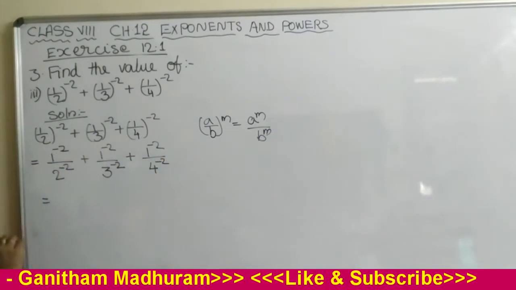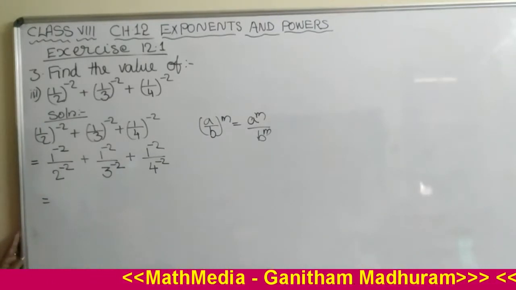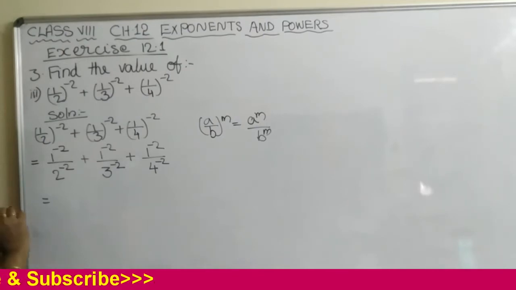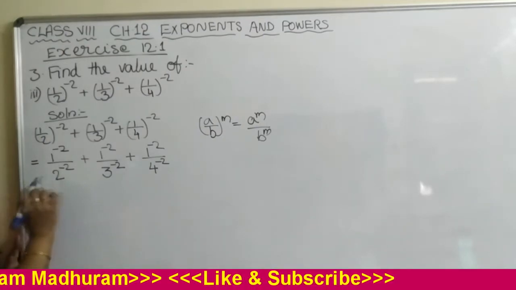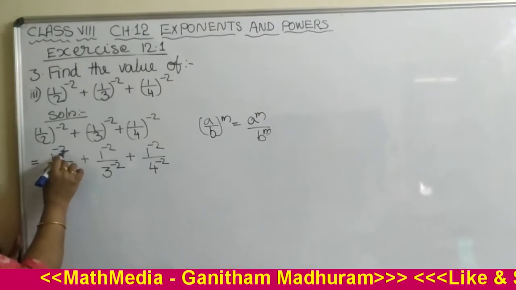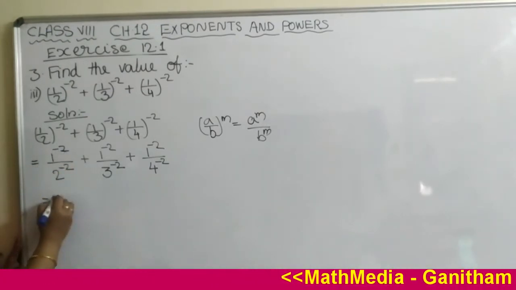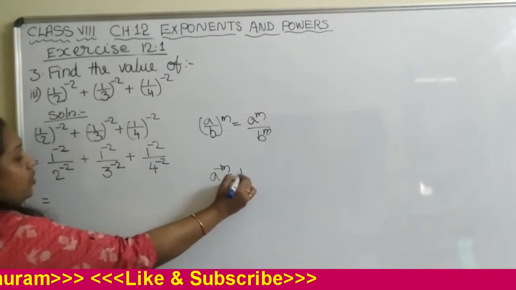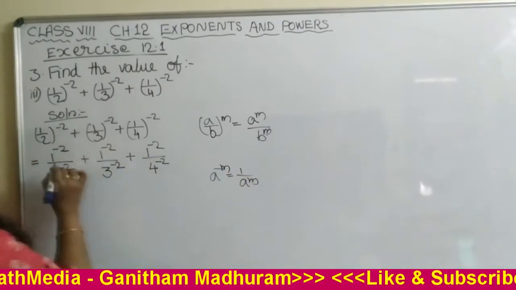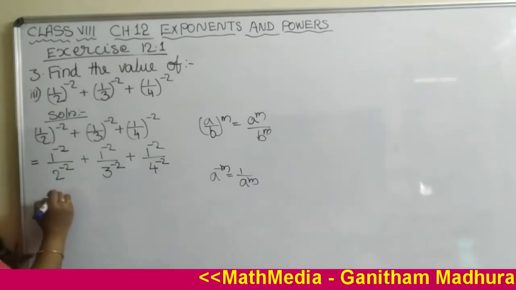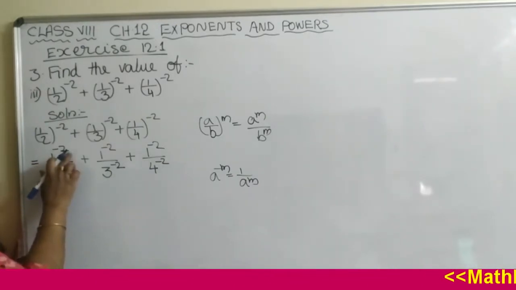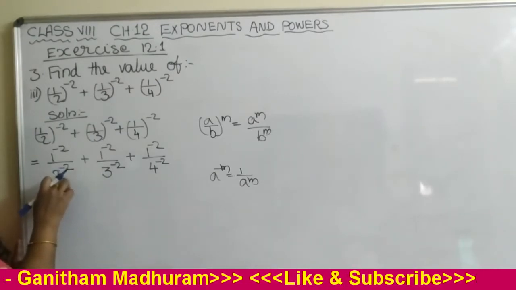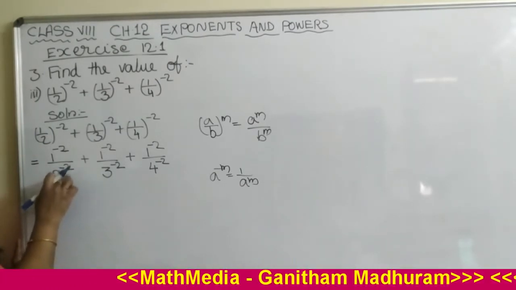1 raised to minus 2 upon 2 raised to minus 2. We can write it as, 1 upon a raised to minus m means 1 upon a raised to m. So this will become 1 upon 1 raised to 2, similarly this becomes 1 upon 1 raised to 2 raised to 2.